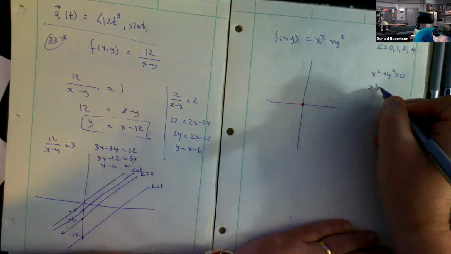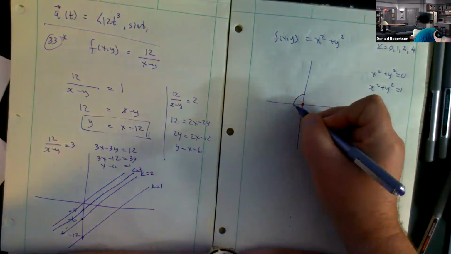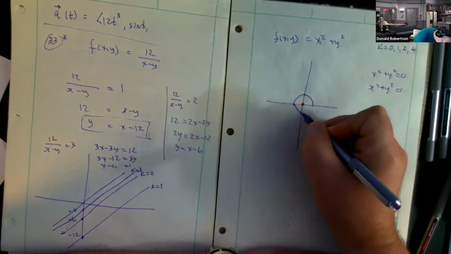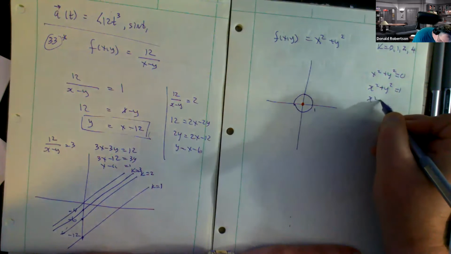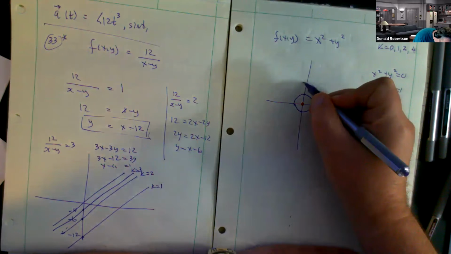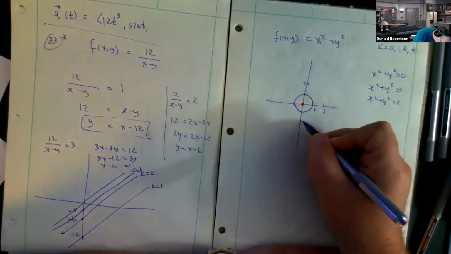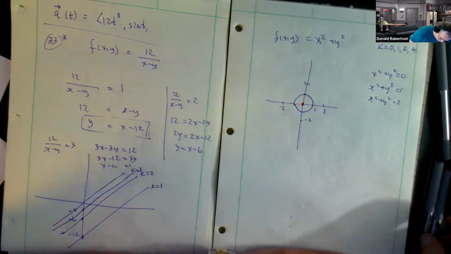You then make it equals 1, which would be a circle, radius 1. You then make it 2, which would be a circle, the square root of 2, which is about 1.4.